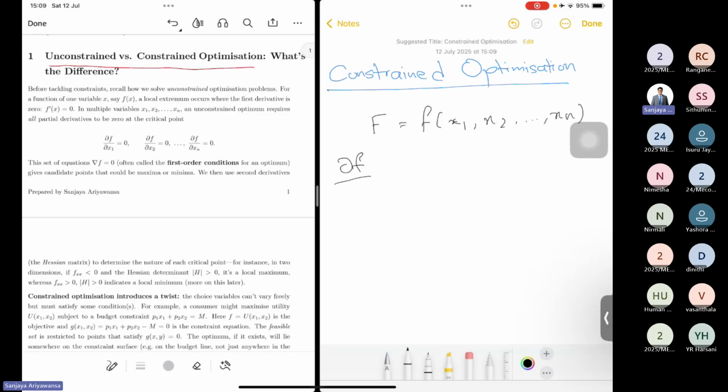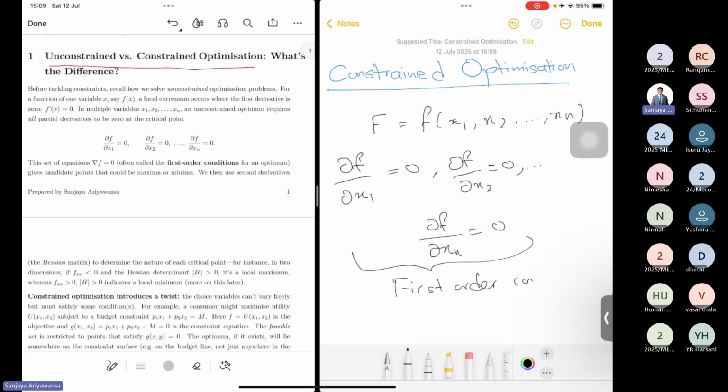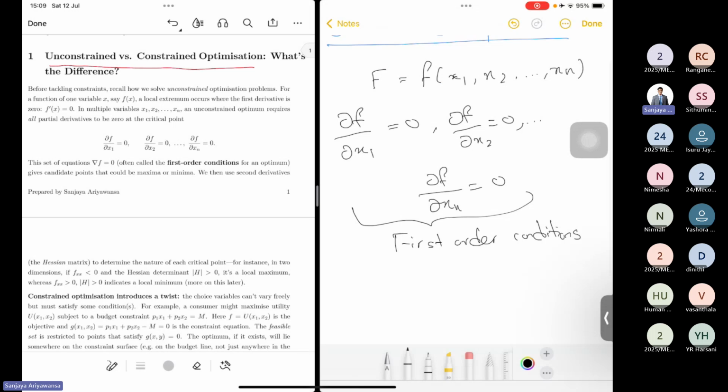By partially differentiating the function with respect to each of these variables and equating it to 0, these were called first order conditions. By partially differentiating and equating it to 0, you try and figure out what the values of x1, x2 up to xn are.